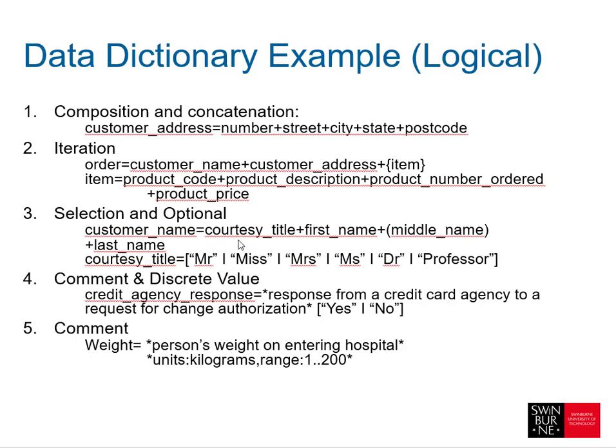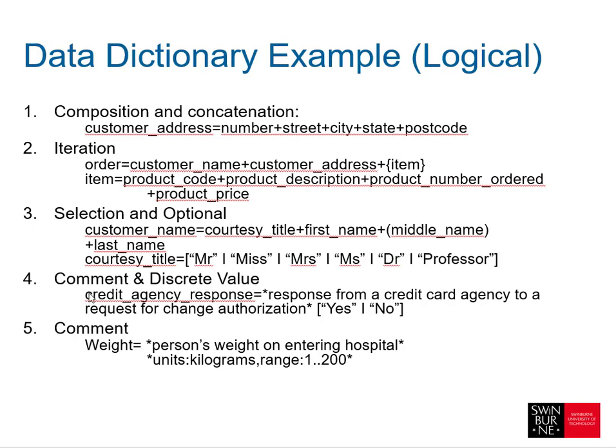And then we define the courtesy title in a little more detail. Courtesy title consists of one of these options: Mr., Miss, Mrs., Doctor, Professor, right? So for discrete values, make sure you put them inside the quotes.